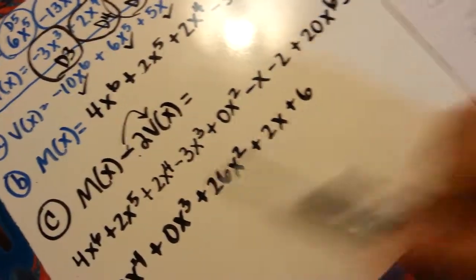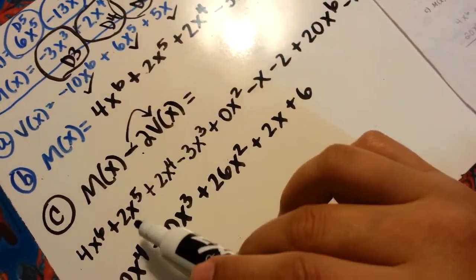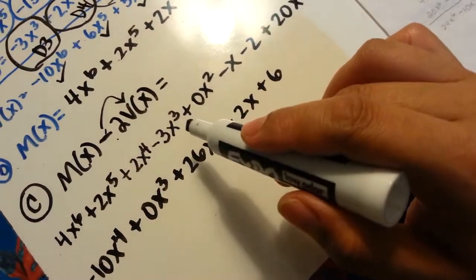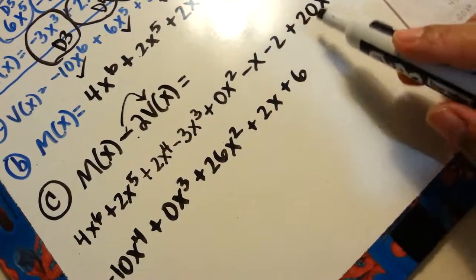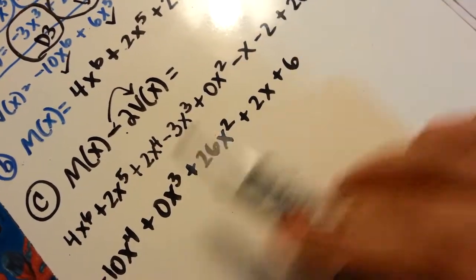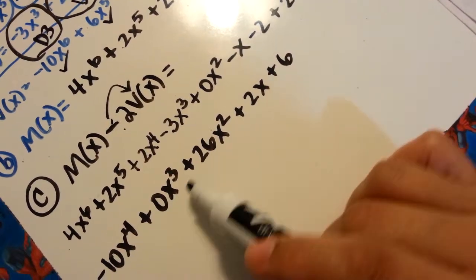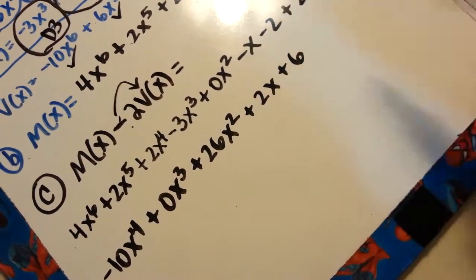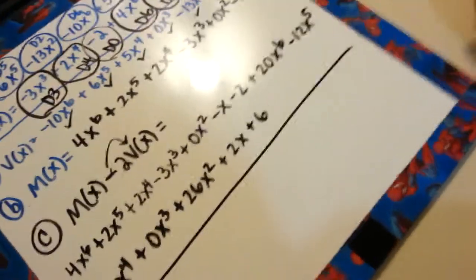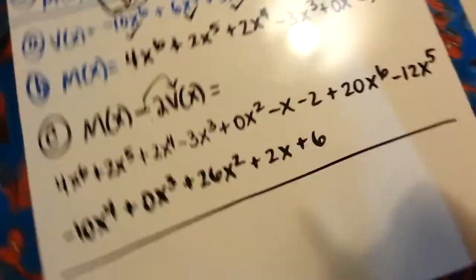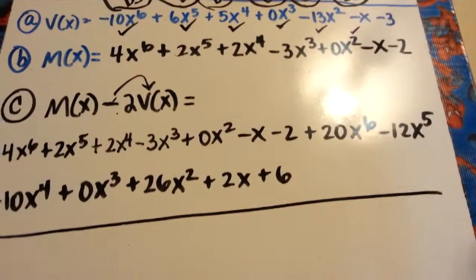And let me just double check that I did it all right. Yeah. And what I'm going to do is I'm going to combine like terms. Okay. So let's see if you can find them with me.